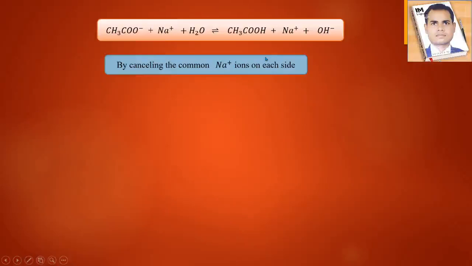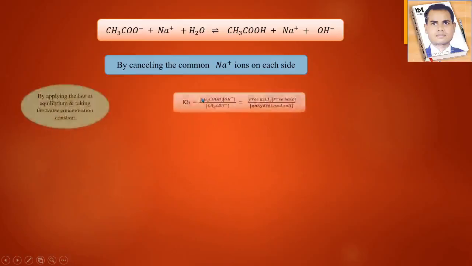By cancelling the common Na plus ions on each side, the left-hand side and right-hand side, they get cancelled. After cancellation of Na plus, the remaining species will be the acetate group and water on the left-hand side, and acetic acid and OH minus on the right-hand side.